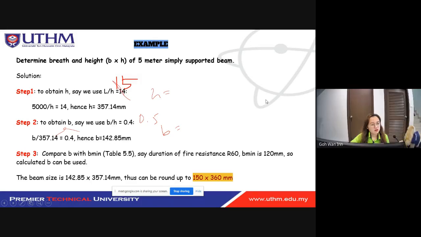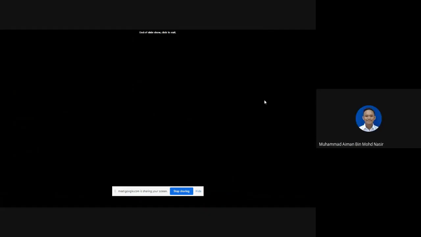Boleh ke? You can do it, within the range is okay. But you need to check either the economic wise lah. You make the big one, you make the small one, but all can sustain the load for a 2-story building, let's say. If cost wise you want a bigger beam or smaller beam. Oh, mesti yang kecil.